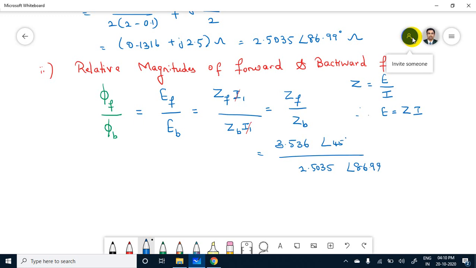Since we are calculating, as per our question, only magnitudes, we should not bother about the angle.